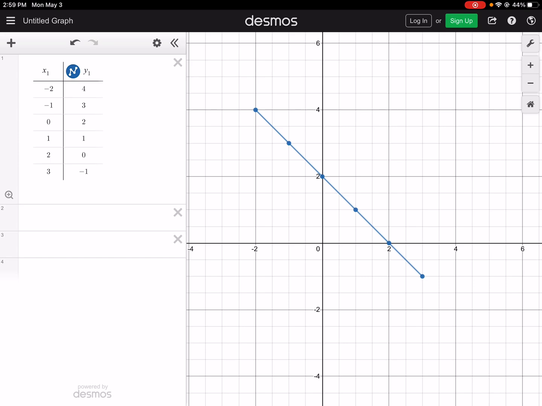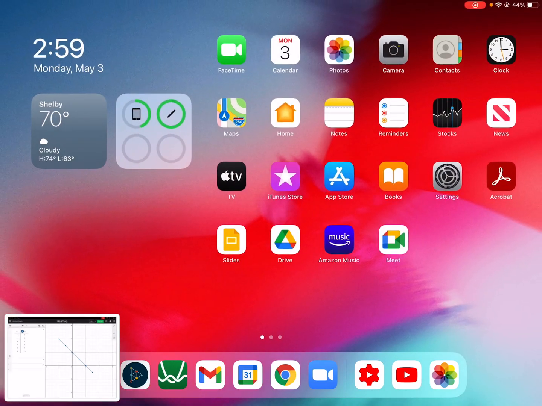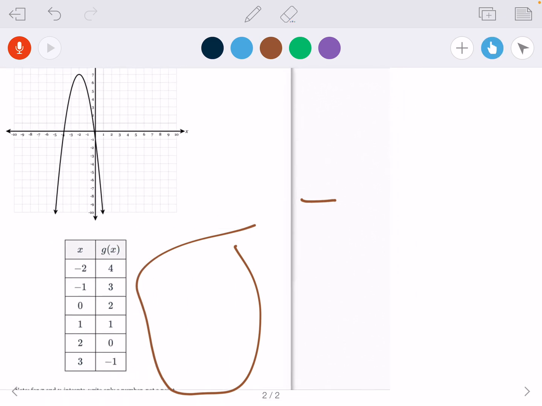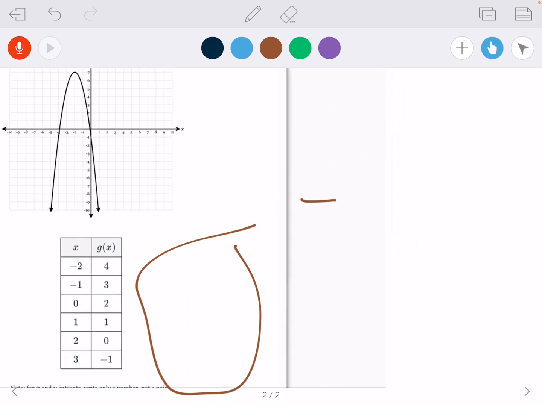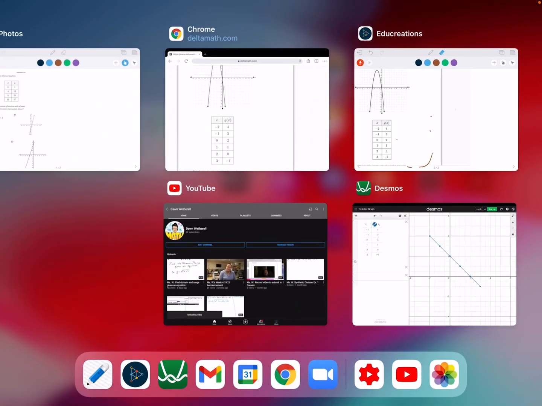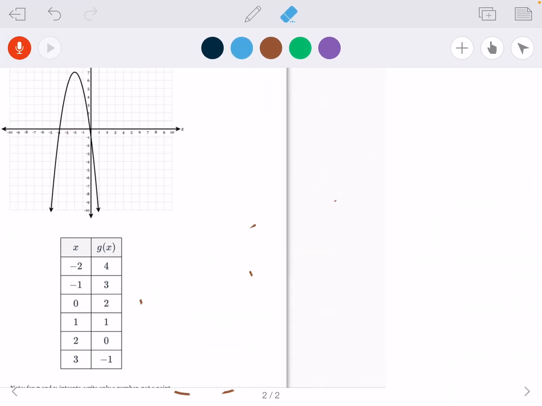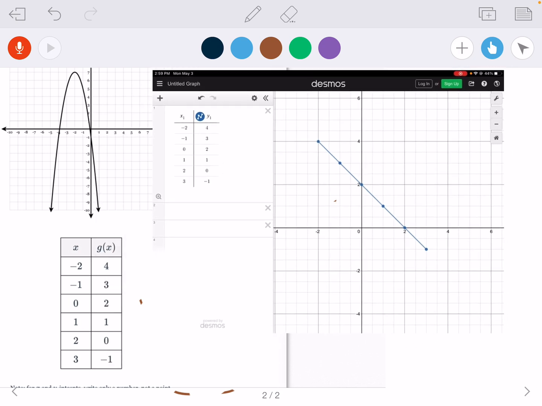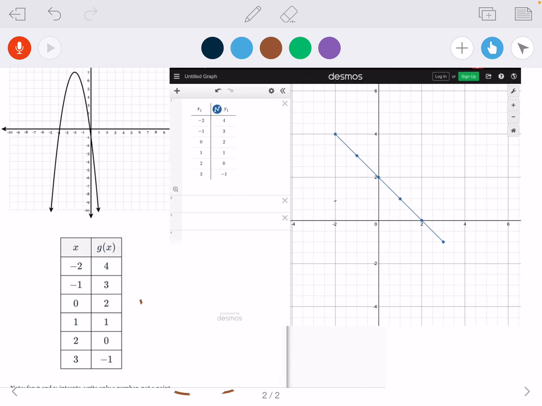So let me just take a quick picture of that, and I'll add it to our other view right over here so we can get a side-by-side. One second, let me put this over here. And then let me add that other picture real quick. All right, so that gives me a picture I can look at right next to it. So I've got this graph here.